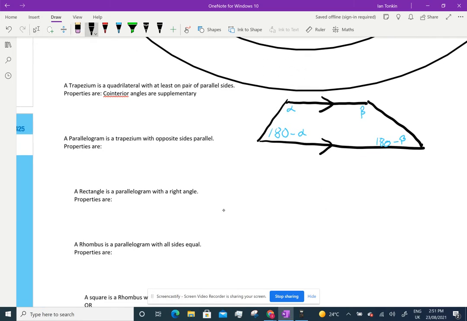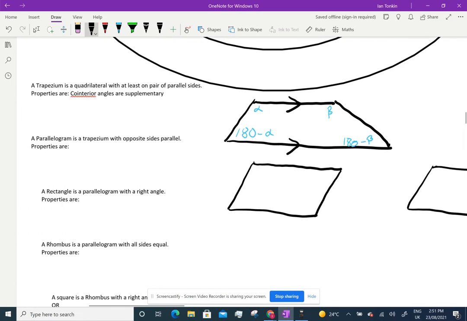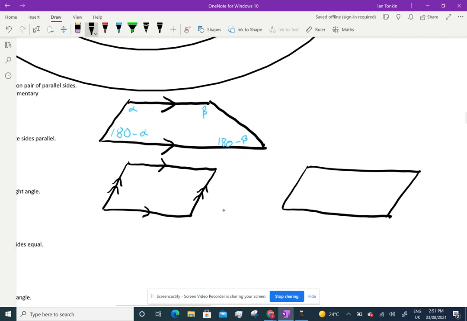And because I'm going to demonstrate the properties, I'm going to draw two. So here's my parallelogram, and I'm going to have another one. What's the definition? Parallelogram with opposite sides parallel. So that and that are parallel, and that and that are parallel. Got to indicate that. Any properties I do, I will do in a different colour.